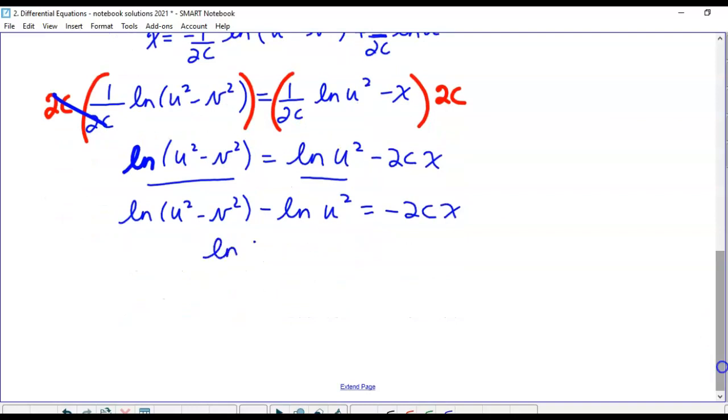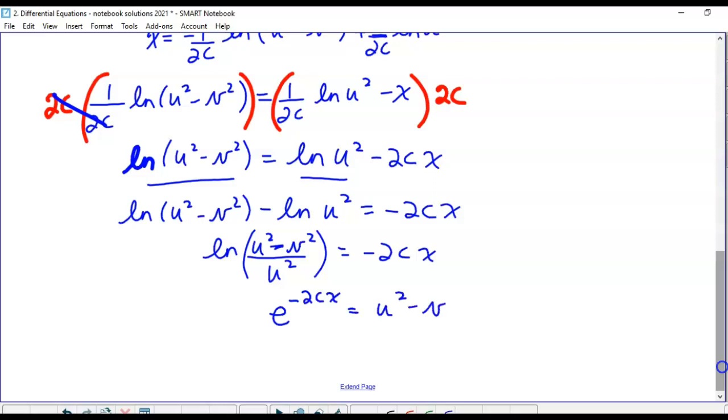So that would be ln of u squared minus v squared over u squared equals negative 2cx. And then convert that using exponentials. So that's going to be e to the negative 2cx equals u squared minus v squared over u squared.